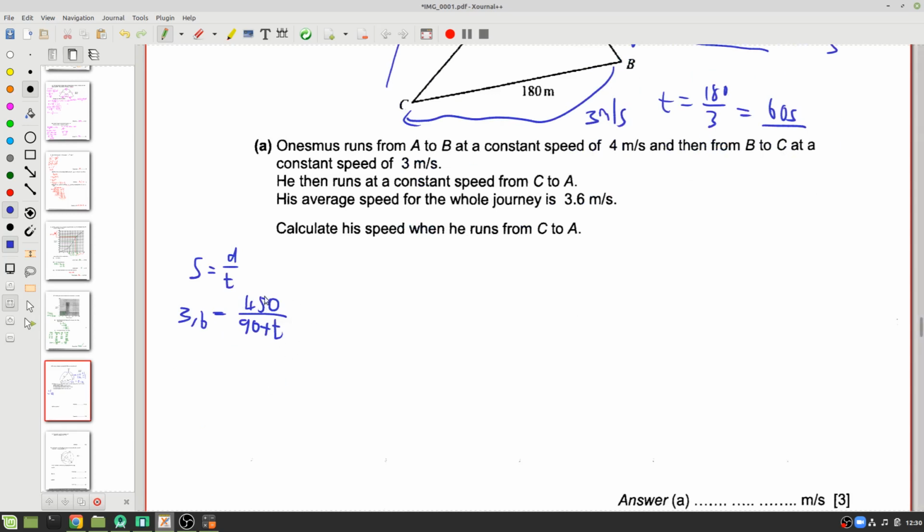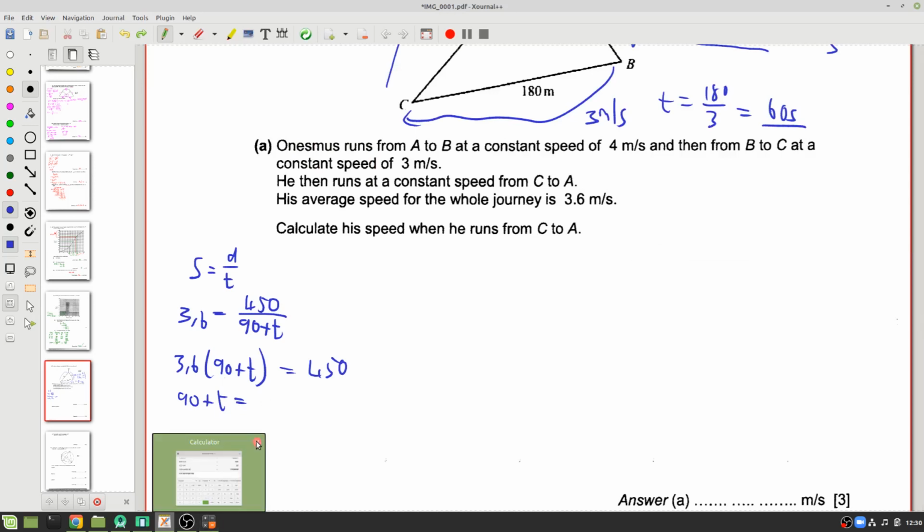So now we need to find the time. Okay, so we can multiply both sides by the denominator. So we get 3.6 multiplied by (90 plus t), the number of seconds, equals 450. And then let's divide both sides by 3.6. So we get 90 plus t equals 450 divided by 3.6.